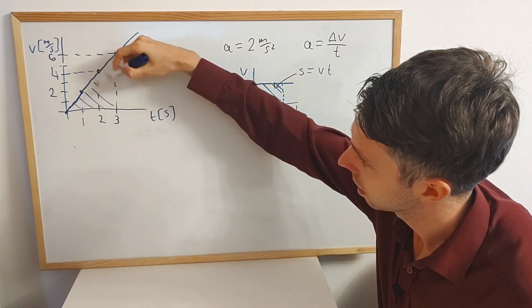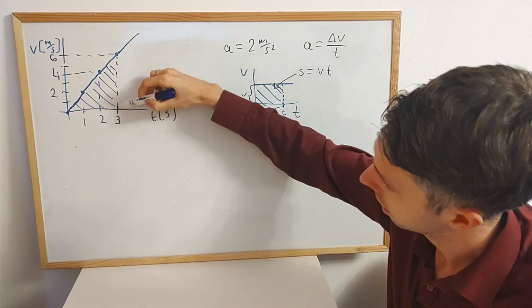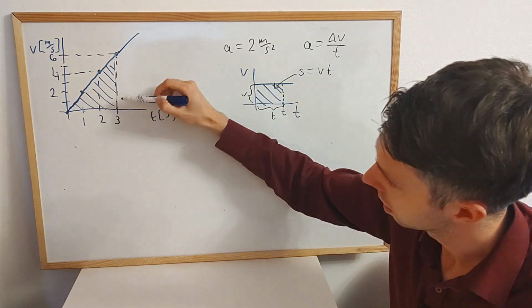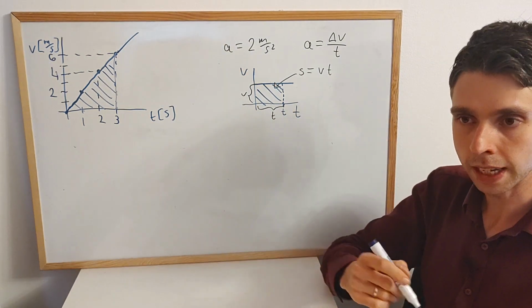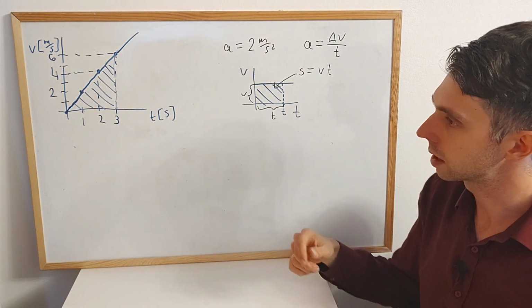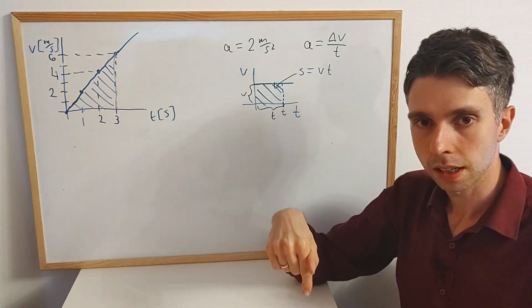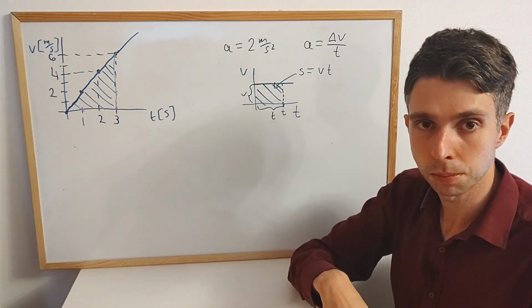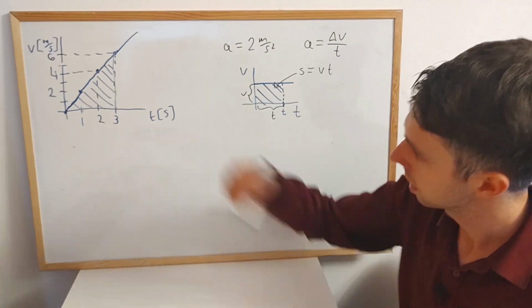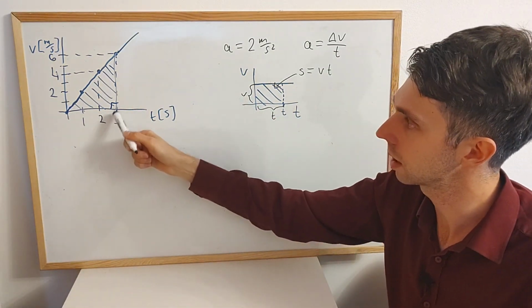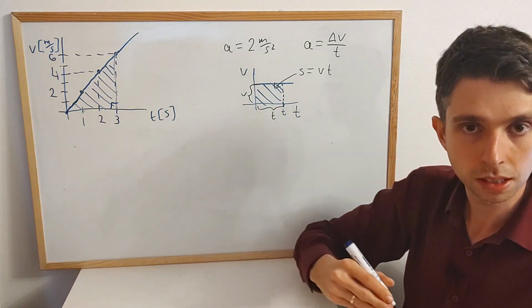So in this case, that's the area of this triangle. So the area of any triangle is the side times the height divided by 2. And in this case, here you have a right angle, so it will be just this side times this side.